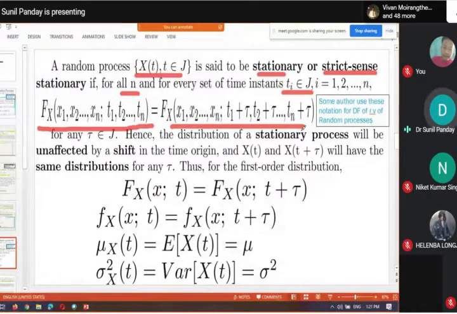So here this tau is the delta from earlier, again a value from the time index set.